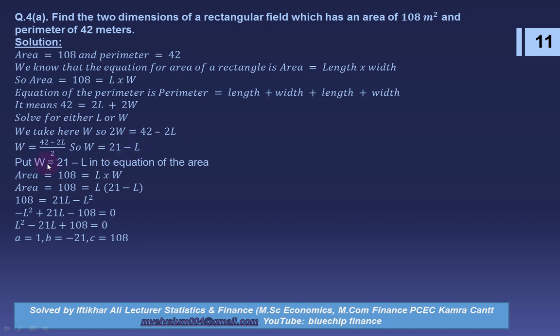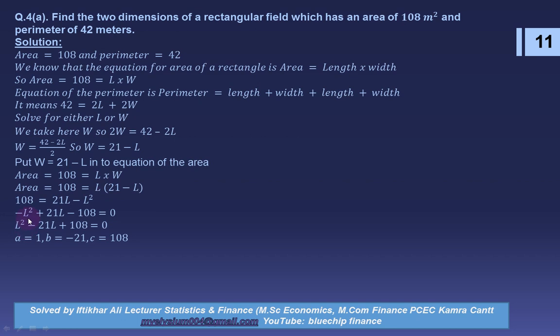So put width equals 21 minus L into the equation of the area. The equation of the area is 108 equals length multiplied by width, and after putting the value of W, it will become 21L minus L square equals 108, or minus L square plus 21L minus 108 equals 0. As I defined earlier, you can change the sign of the whole equation.